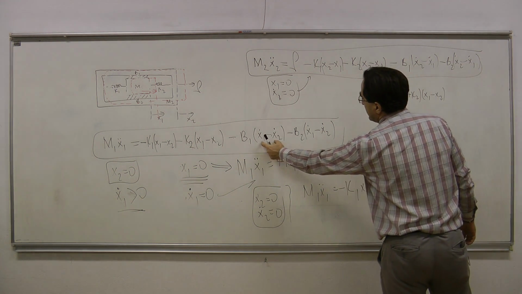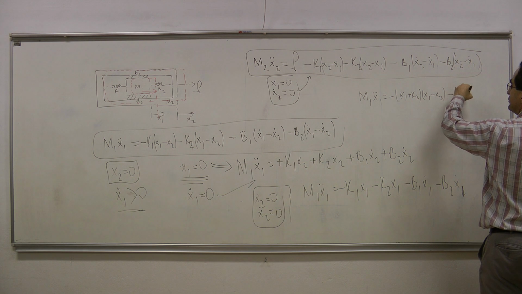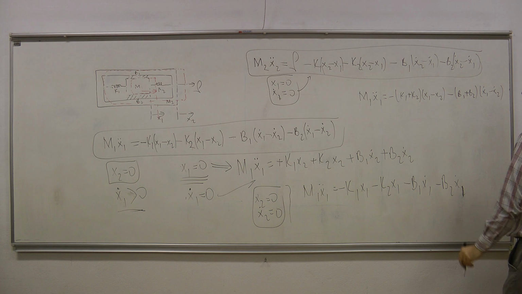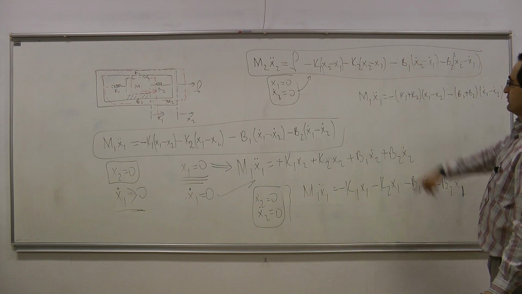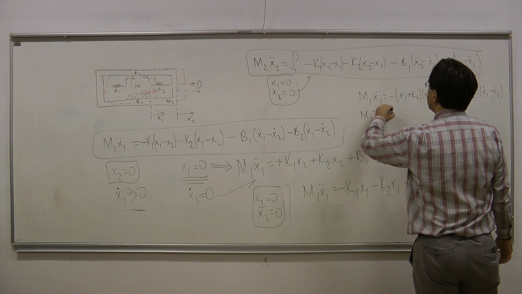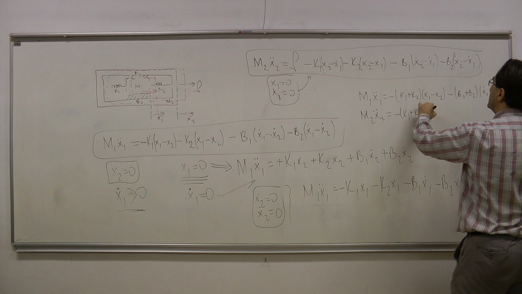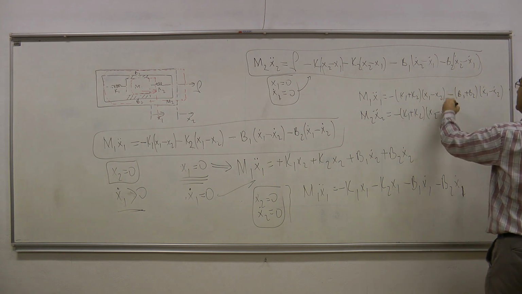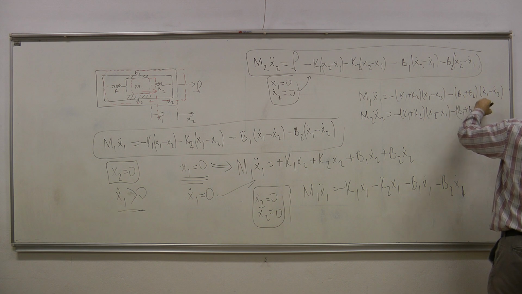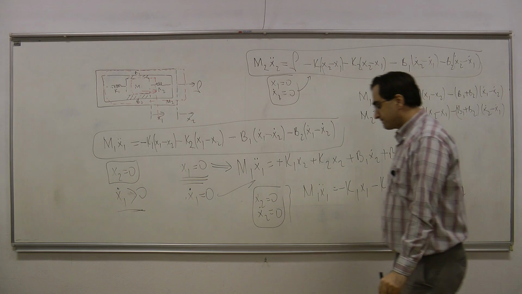And I can also collect x1 dot minus x2 dot terms, minus b1 plus b2, x1 dot minus x2 dot. This is my first equation, and the second equation becomes similar. M2 x2 double dot is equal to minus k1 plus k2, x2 minus x1, minus b1 plus b2, and I would have x2 dot minus x1 dot.